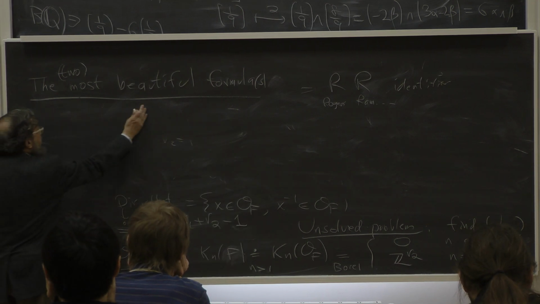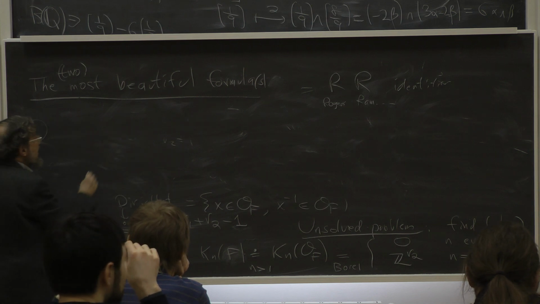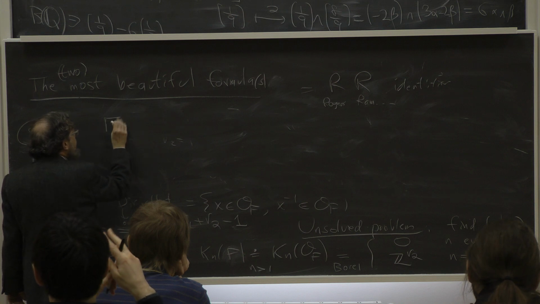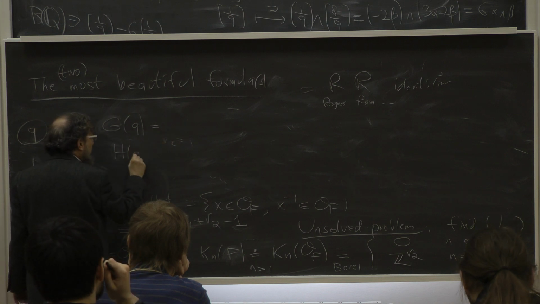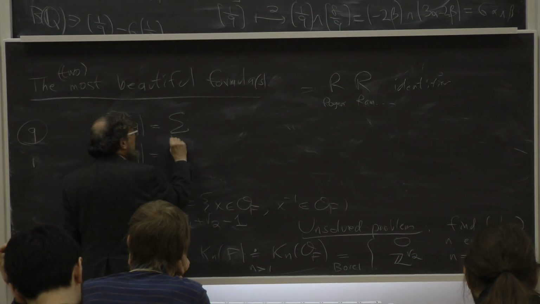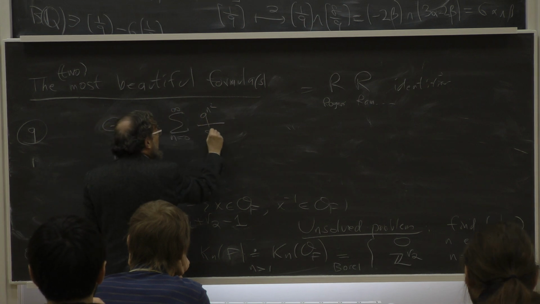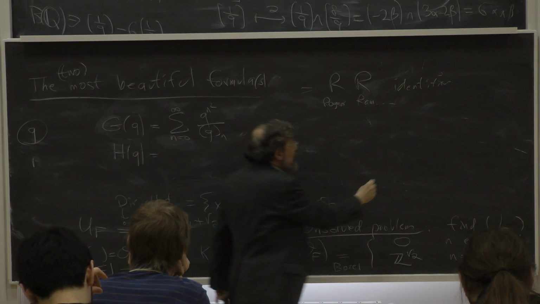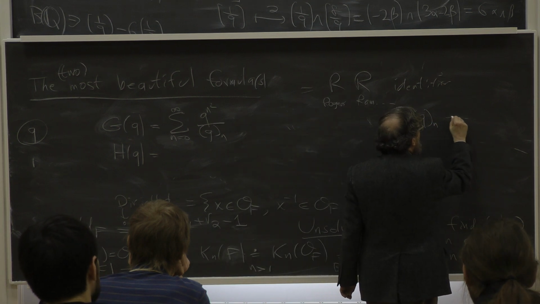So these identities involve a letter which should be x, but it's traditionally always called q. And the identities are the following. You have two functions which are traditionally called G(q) and H(q). So I'll give the definition and then the formula is a formula for them. The first one is the sum of q to the n squared over (q)_n. So (q)_n is called the q-factorial, or the Pochhammer symbol.